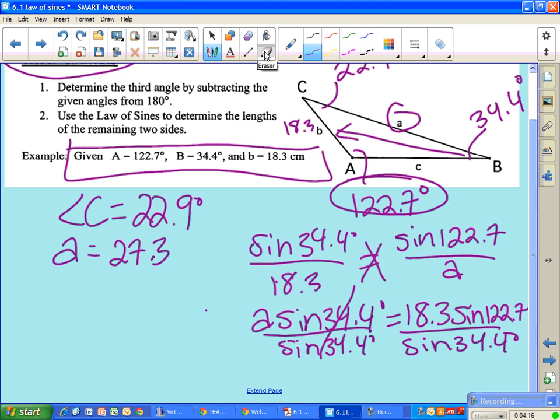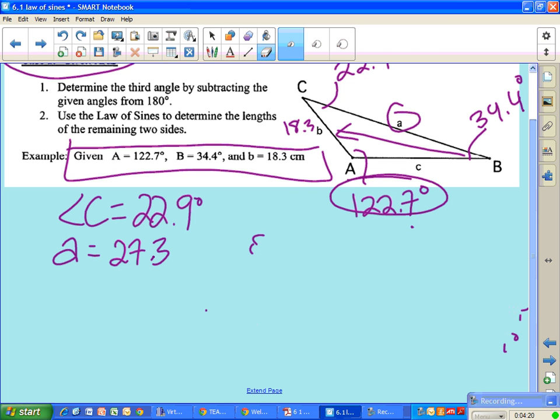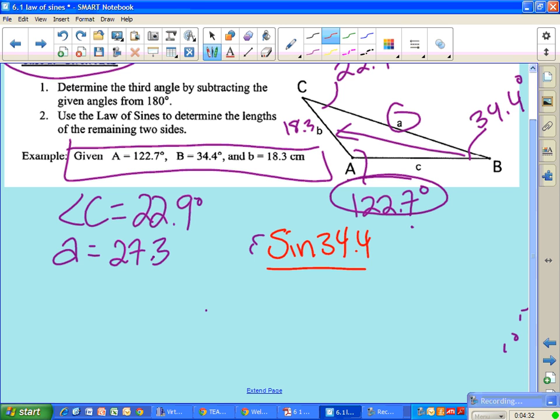Last thing we have to find so that we have this whole triangle solved is to solve for side length c. Again, I can use the same b proportion, so I can use sine of 34.4 degrees over 18.3 equals sine.